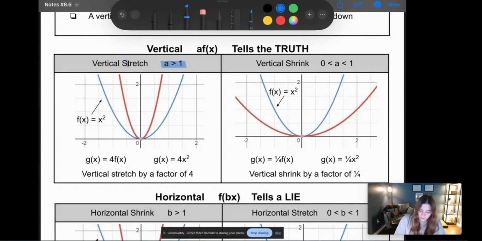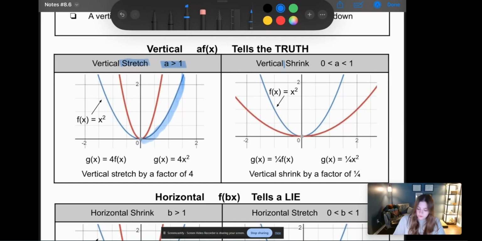You can see how it's going from here, right? This is our original, that red line, and then it does a vertical stretch this way. So if A is greater than 1, it is a vertical stretch, okay?